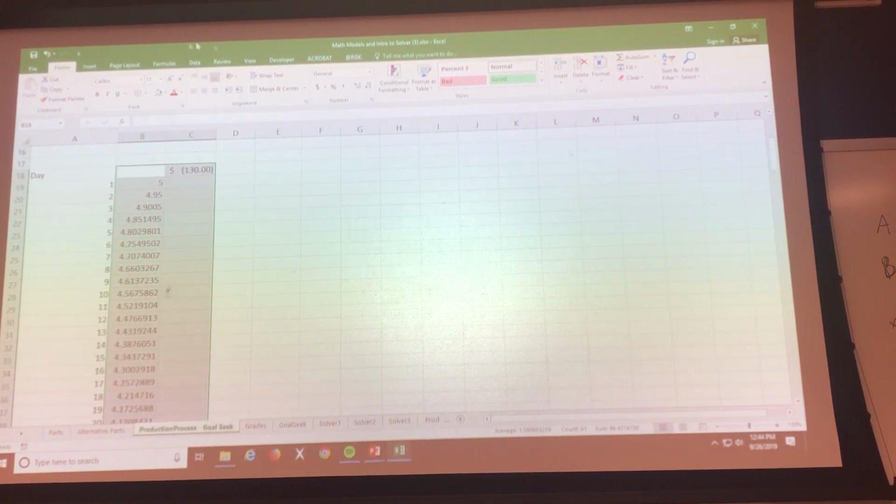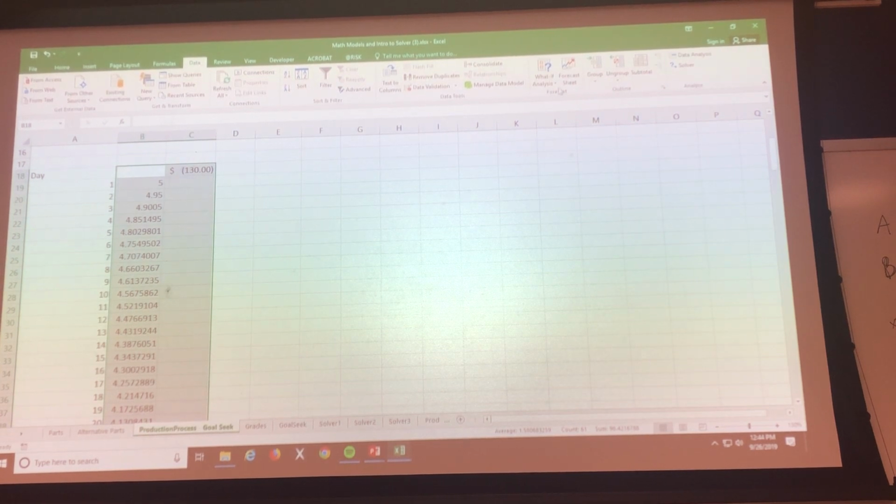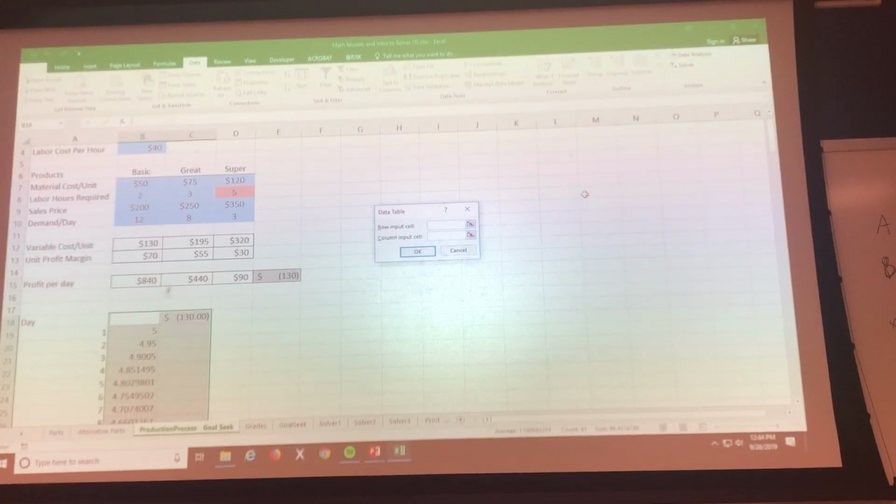So when I make this data table, data, what-if analysis, data table, my one-way tables are always gonna have column input because I'm gonna make them vertical, okay, would go right there in D8. Plug the 5, which is already there, 4.95, 4.9, 4.85, plug that in right there.